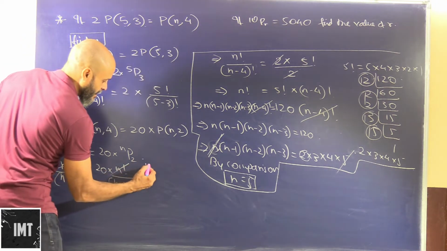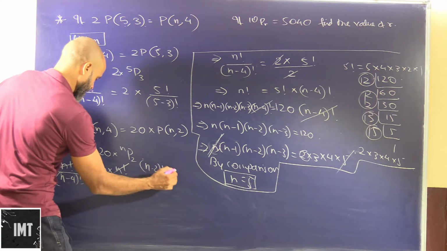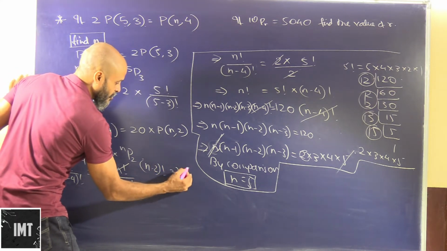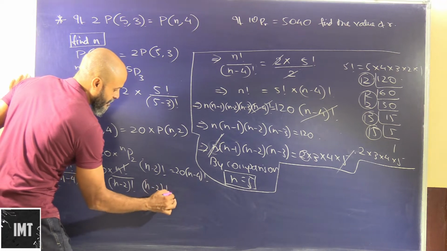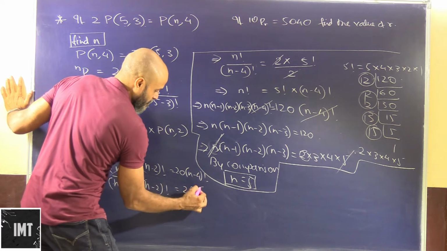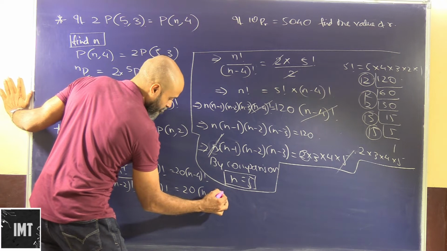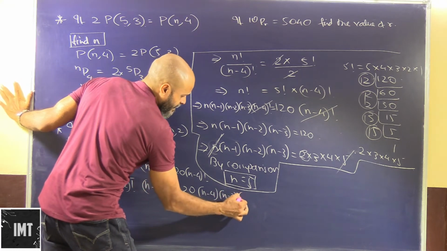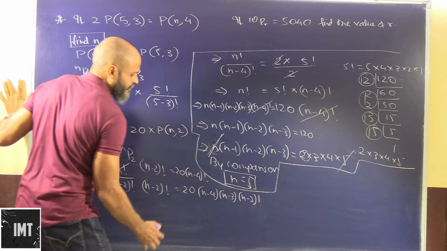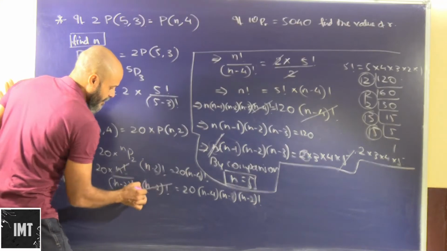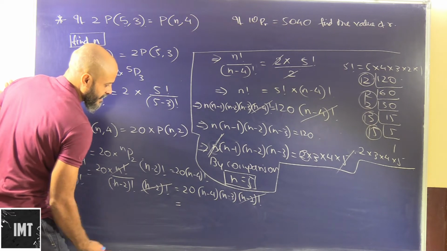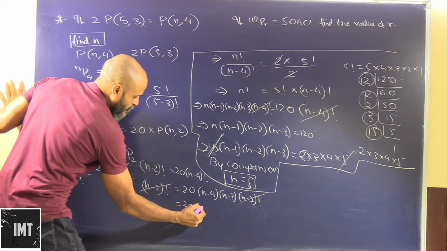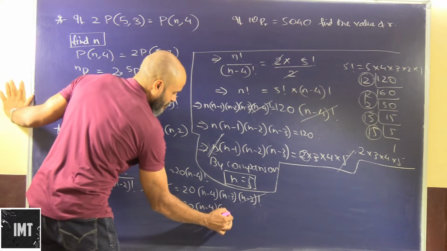So here we have n minus 2 factorial is equal to 20 into n minus 4 factorial. So n minus 2, we will keep it the way it is, 20 into n minus 4 into n minus 3 into n minus 2 factorial. So n minus 2 factorial and n minus 2 factorial get cancelled. So what we have here is 20 into n minus 4 into n minus 3.